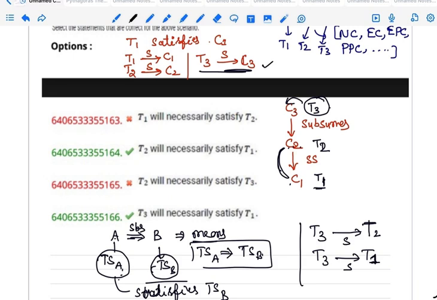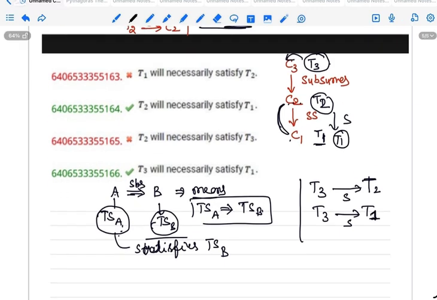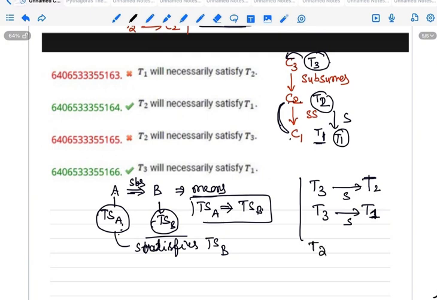That means the test requirement T2 necessarily satisfies the test requirement T1. T3 will satisfy T2 and T1 both, and T2 will satisfy T1.